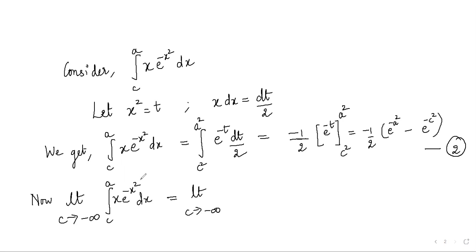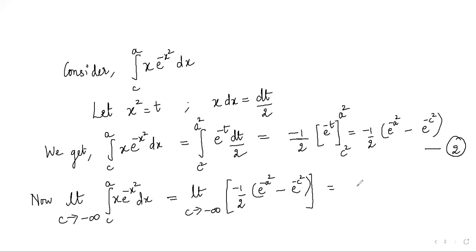Let us put the value of this integral which we have evaluated in the second equation: minus 1 by 2 [e raised to power minus a² minus e raised to power minus c²]. We have c here, e raised to power minus c², e raised to power minus infinity, so it will become 0. This second term will become 0 on taking the limit.